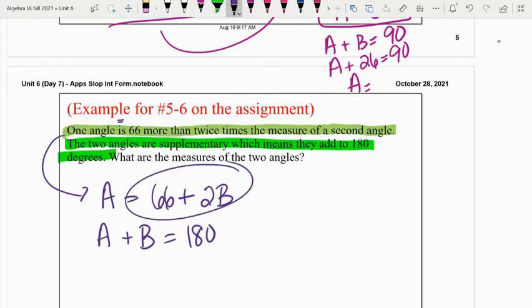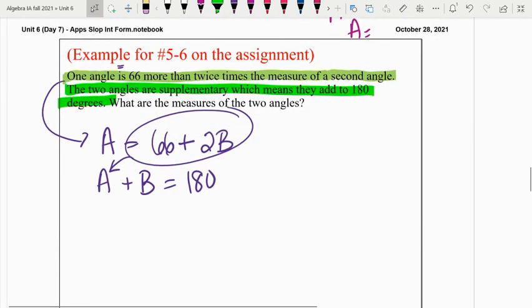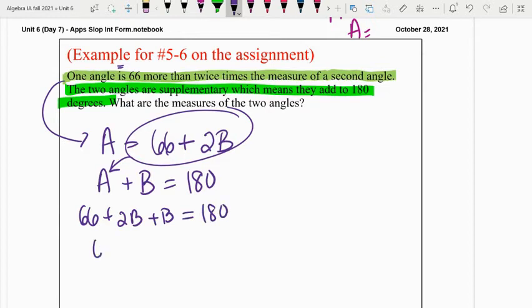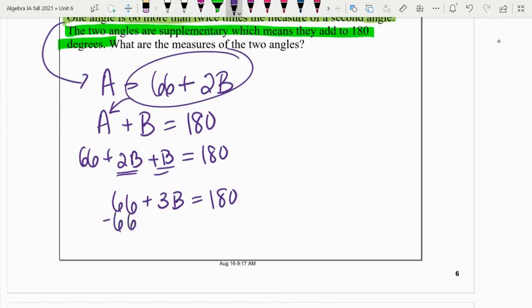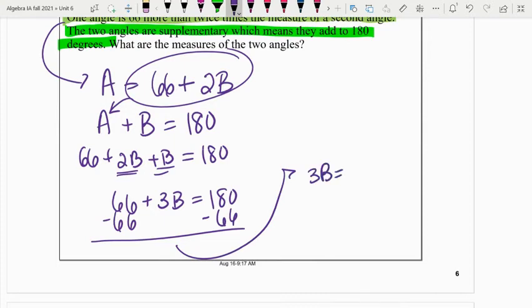I'm going to circle this and substitute in for A. So I have 66 plus 2B plus B equals 180, which means add like terms on the left side here. I have 2B and a 1B, so 66 plus 3B equals 180. Subtract 66 on both sides. So 3B equals 114.